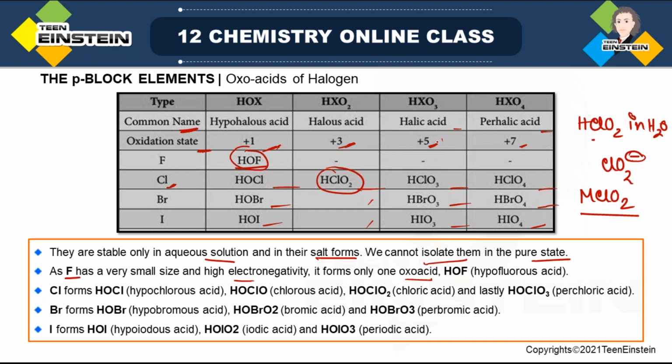These oxidation states are not possible for fluorine. So that is the reason it can form only one type of oxoacid. Chlorine can form all the types, and bromine will form these 3 types. And just like bromine, iodine also forms 3 types. Any doubt?